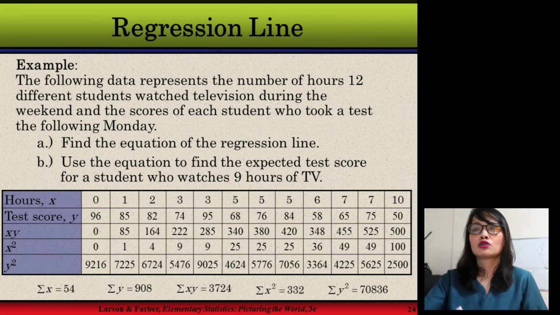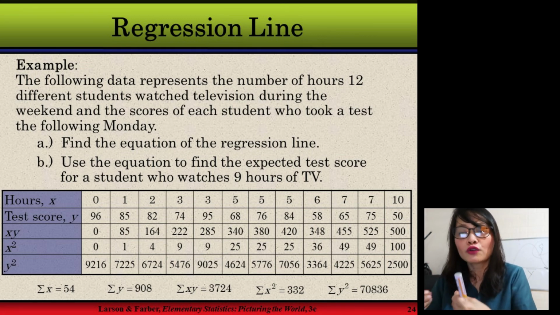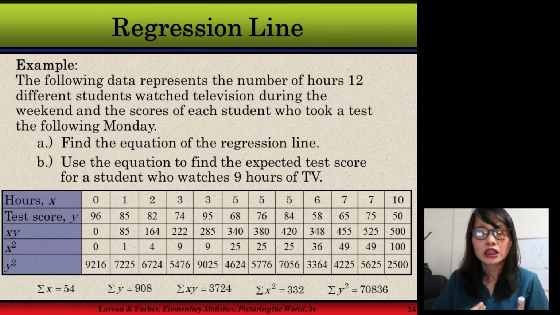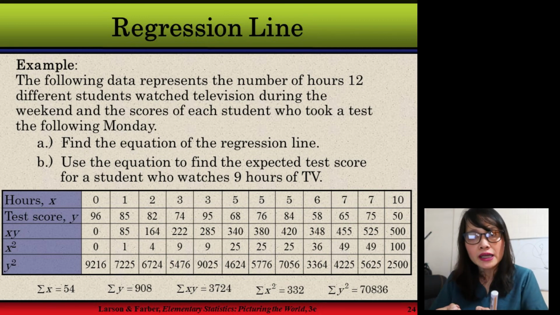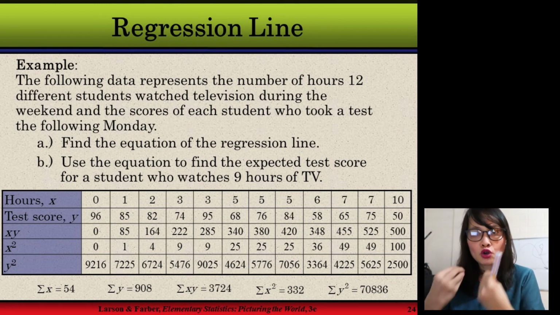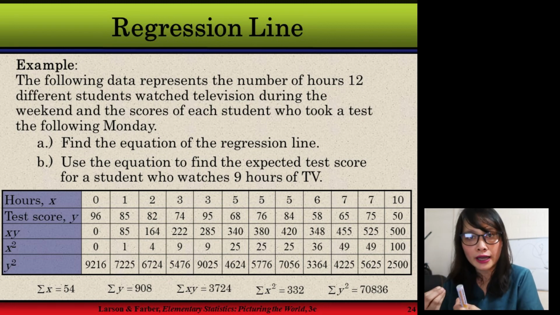Before we solve for the equation, first we need to identify the summation of x, summation of y, summation of xy, summation of x squared, and summation of y squared. Then after that, we can solve for the equation of the regression line.